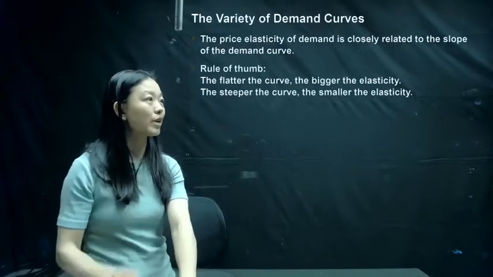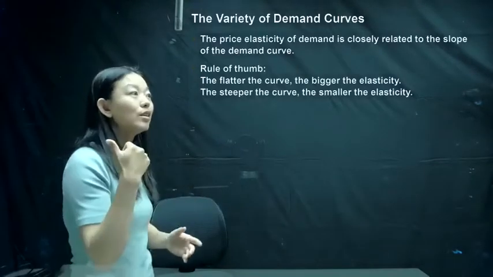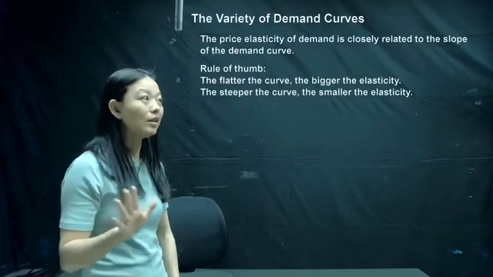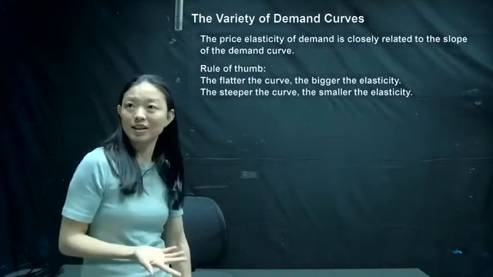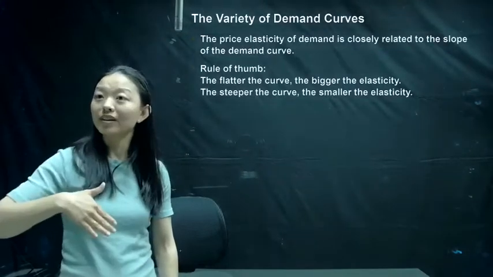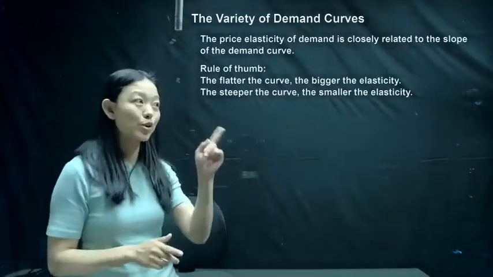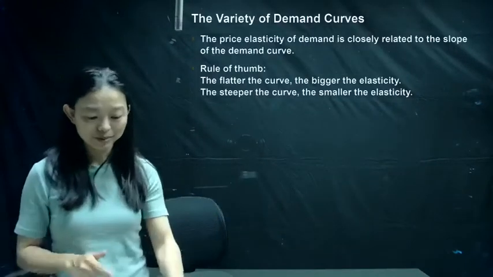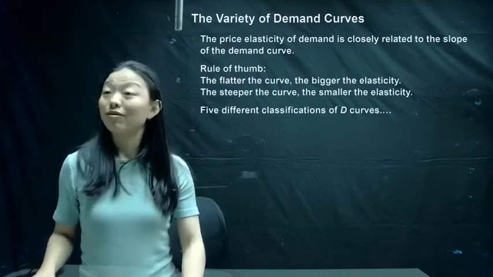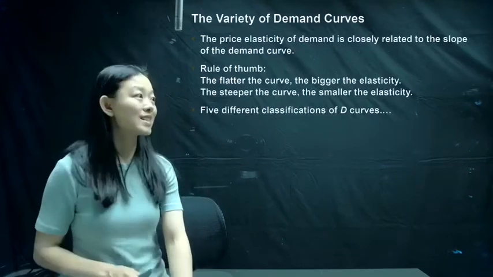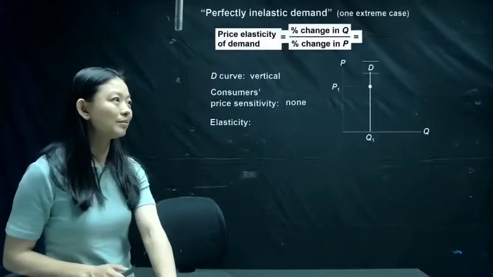The rule of thumb here will be: the flatter the curve, the bigger the elasticity. The steeper the curve, the smaller the elasticity. Okay, I will show you later about this rule of thumb. So we will have 5 different shapes of price elasticity of demand. Now let's move on to the first one.